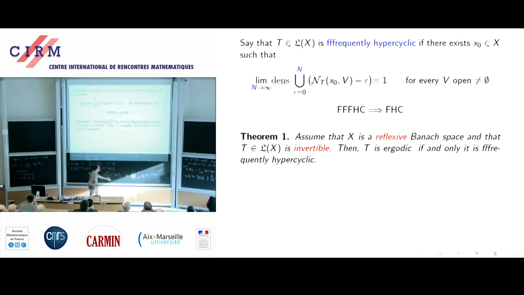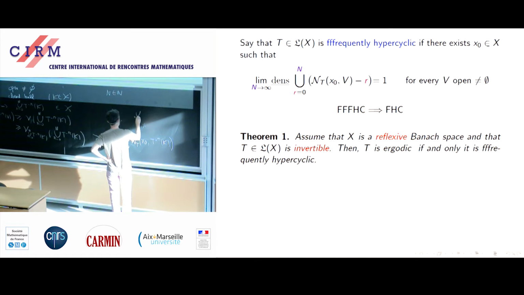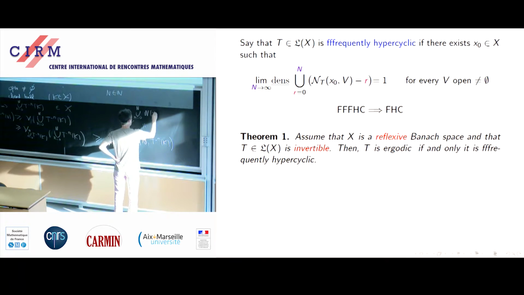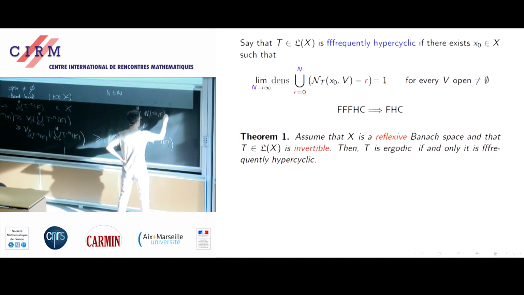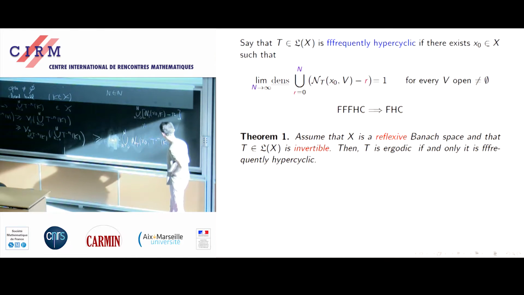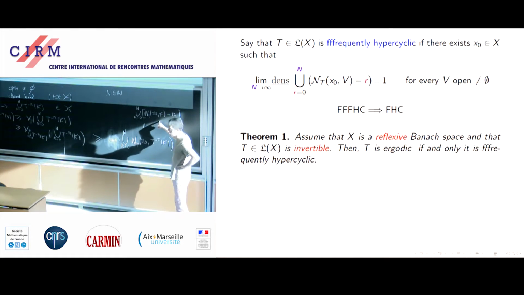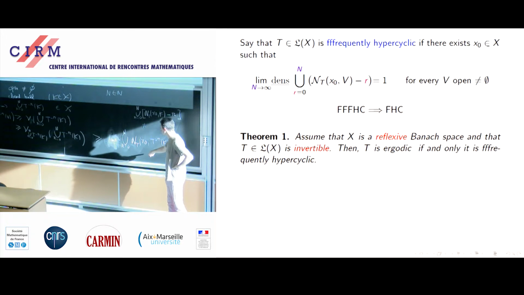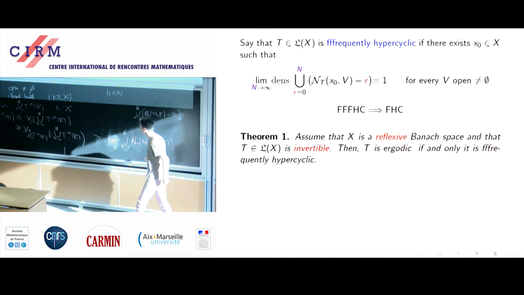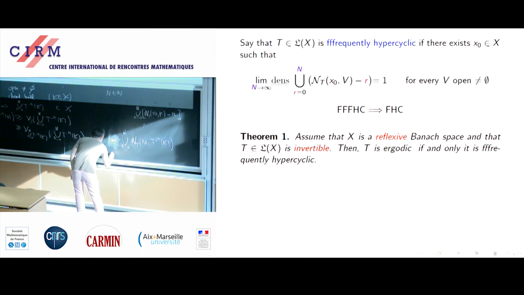But now, what is this? This is just this set, okay? Because this is an immediate consequence of the definition. So this goes to 1 as n tends to infinity. So this is the point.